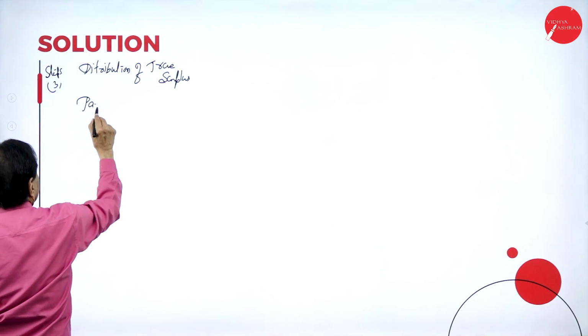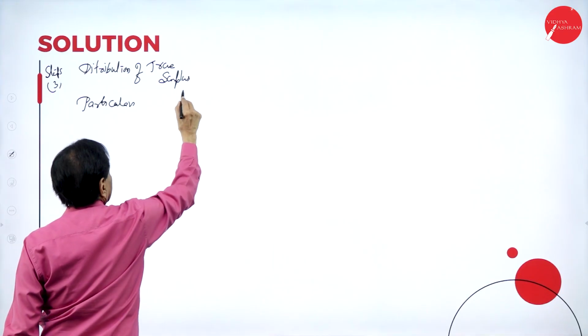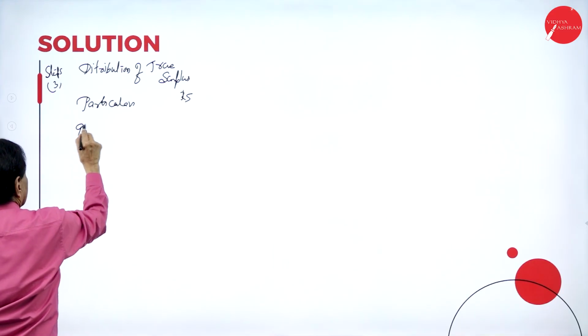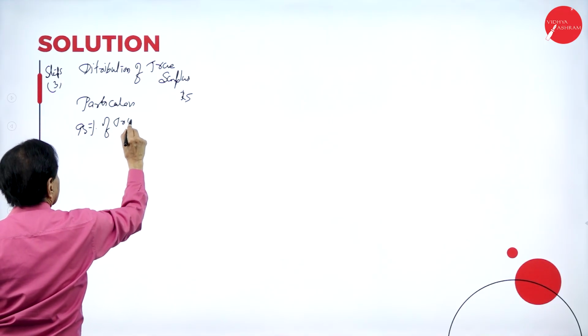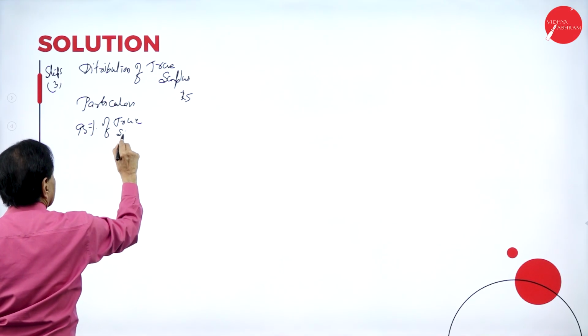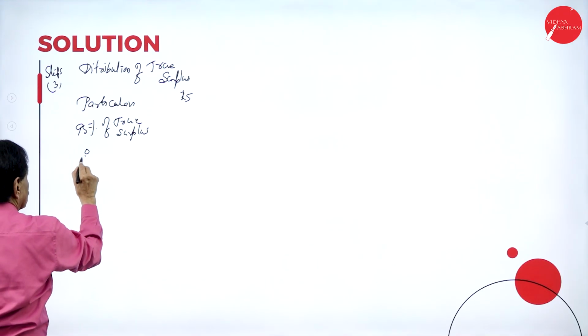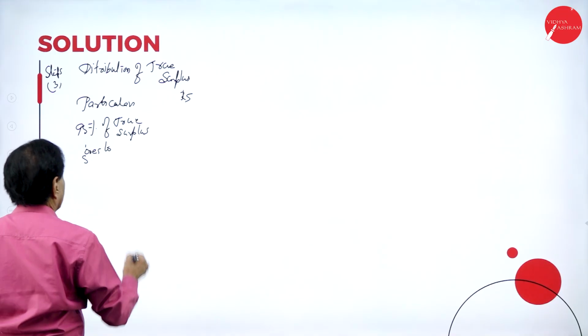Particulars, rupees. 95% of true surplus goes to policy holder.